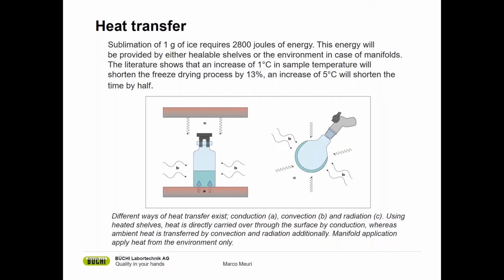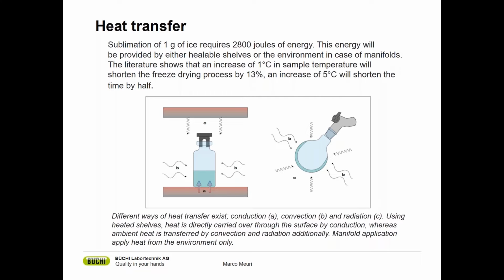On the right side of the picture, you can see a manifold with a round bottom flask attached, where the sample is frozen and a shell freezer has been used, so the sample is covering the inner wall of the round bottom flask and will have a maximum surface. Here we apply the energy to the system by the environmental conditions you have in your lab.